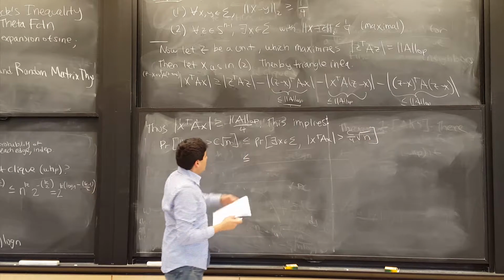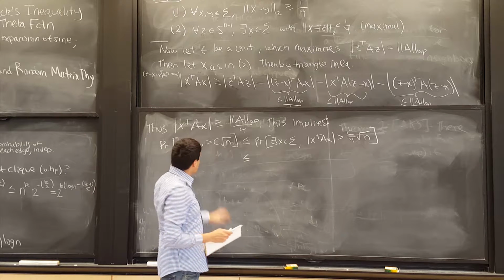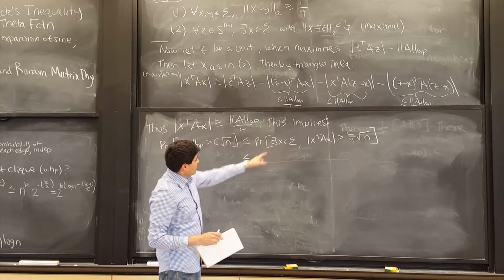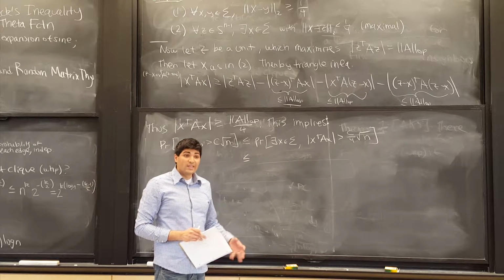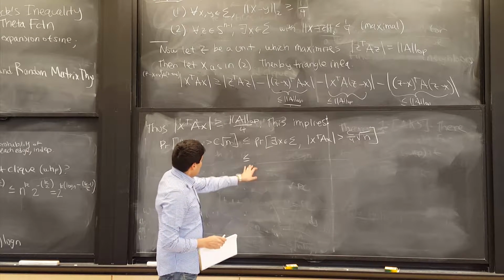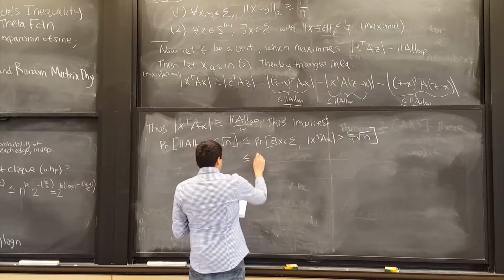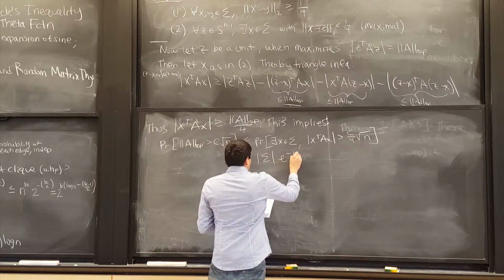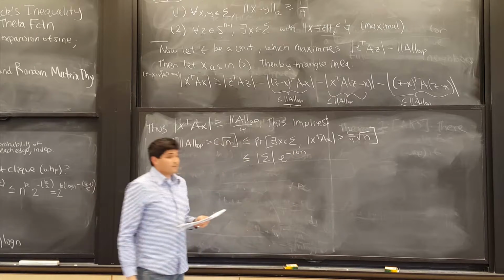That's exactly what that inequality implied: anytime there is a z that certifies the operator norm is large, there is some x that realizes at least 1/4 of that bound. And now we know that this is at most the size of sigma times e to the minus 10n.